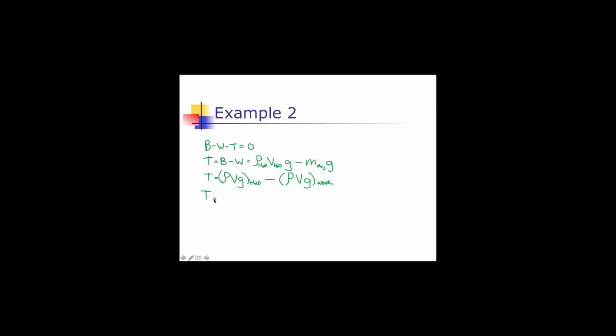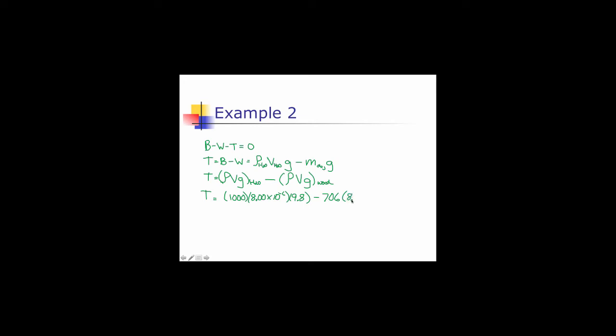And so we can find the tension. This is 1,000. It's completely submerged, so we said its volume was 8 times 10 to the negative 6th times 9.8. The density of the wood is 706.